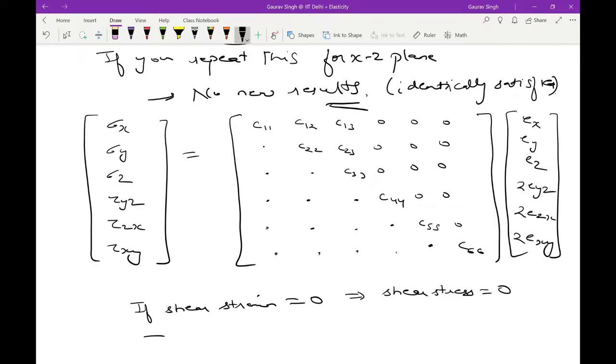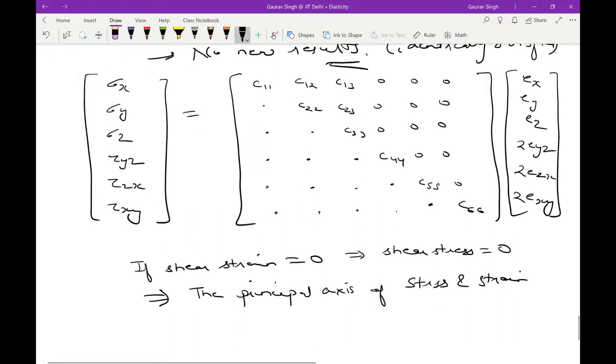Okay, this implies that the principal axes of stress and strain coincide.